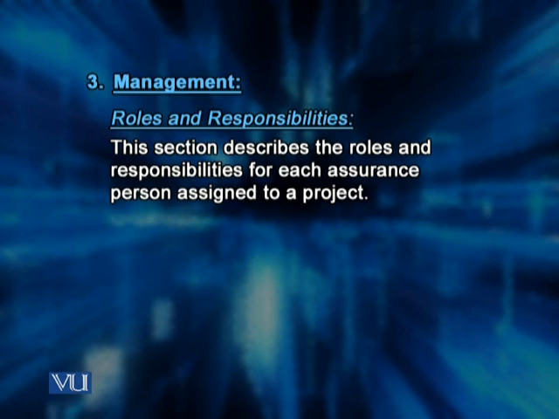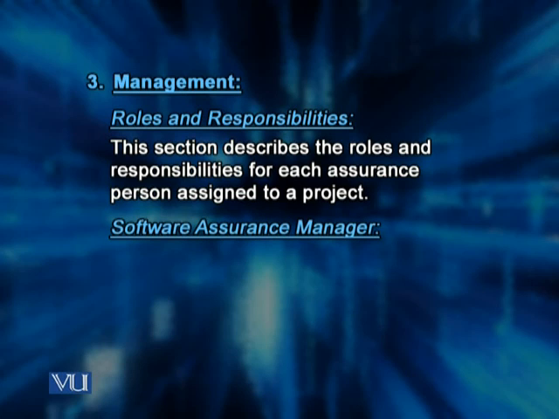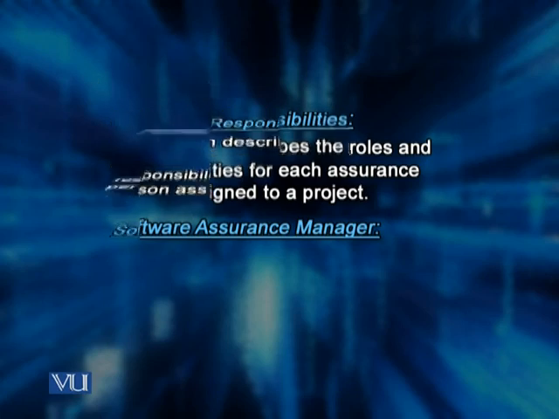There are two kinds of personnel, minimum, that should be assigned to software assurance in any software quality assurance program in an organization. First is the software assurance manager. This person is responsible for the software assurance aspects, which I'll talk about in a little while.